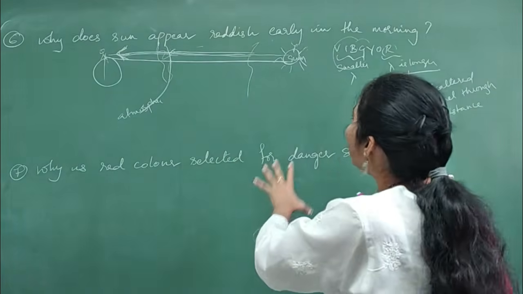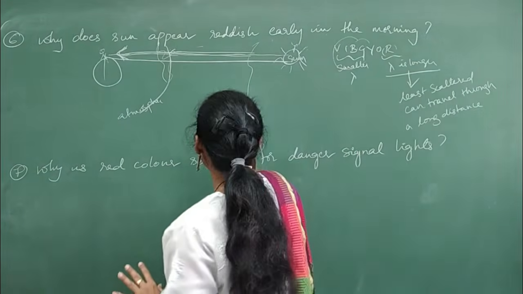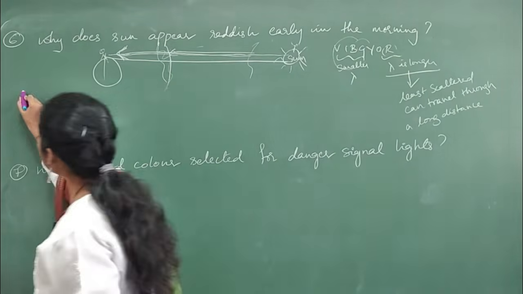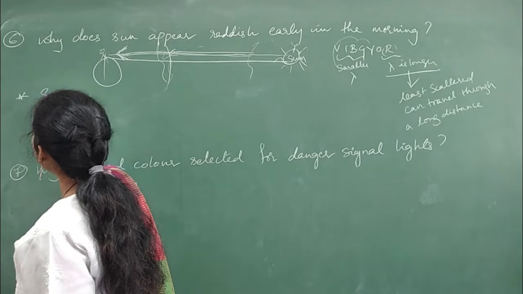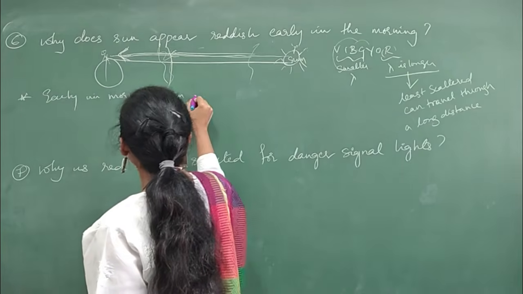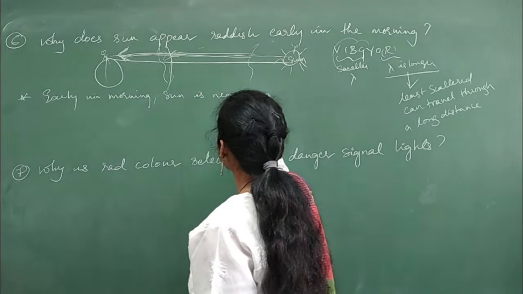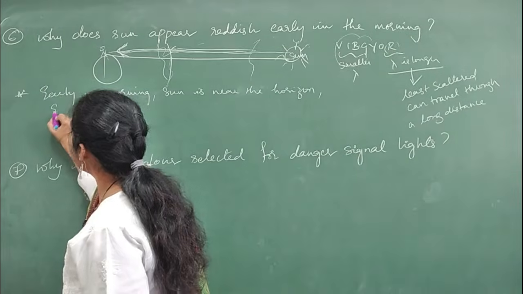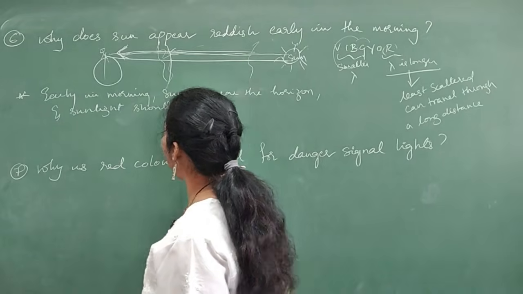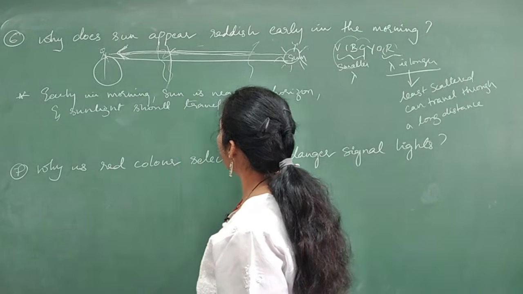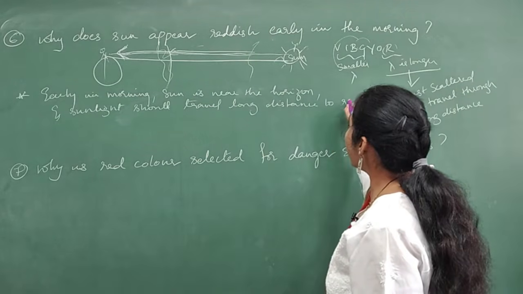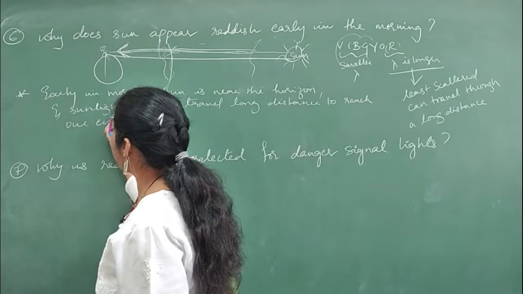So what we can write for this question, I would write the sentences somewhere here. Note down the points. Early in the morning, sun is near the horizon, and sunlight should travel a long distance to reach our eye.